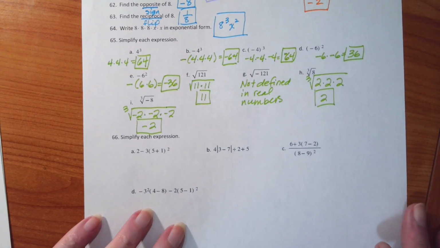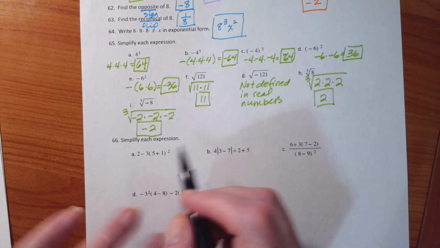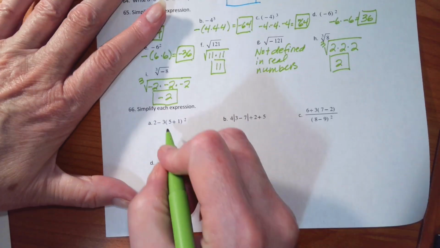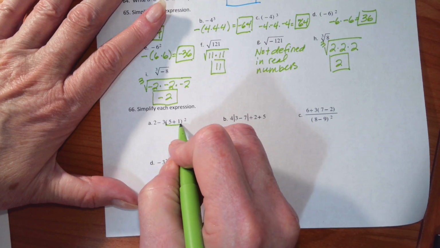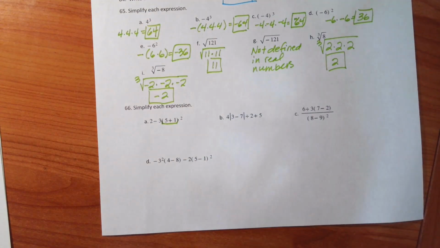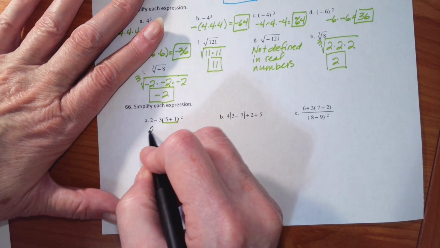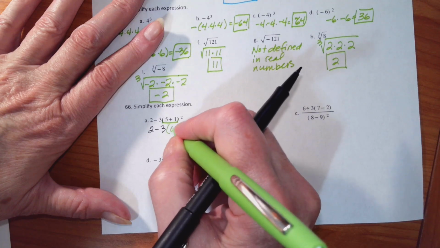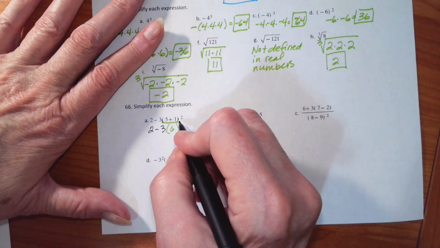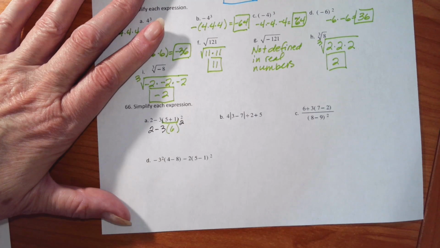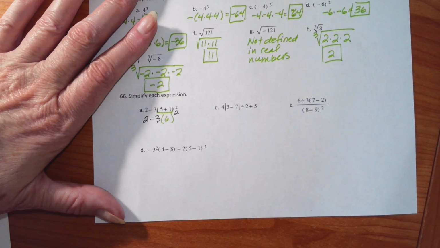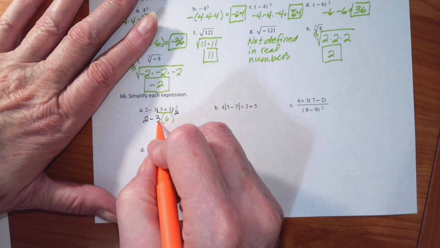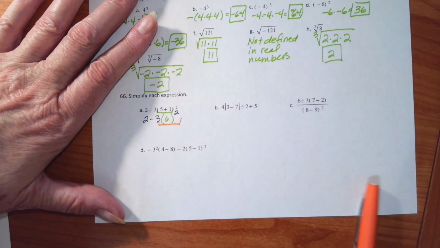Okay, so if I want to do this, the first thing I have to start with is this in here. I have to do what's inside the parentheses. So this becomes 2 minus 3 times 6 to the second. Okay. From here, I've done my parentheses, so now I need to do my exponent.